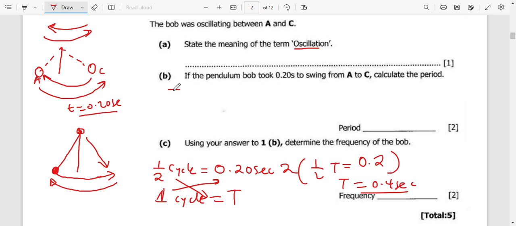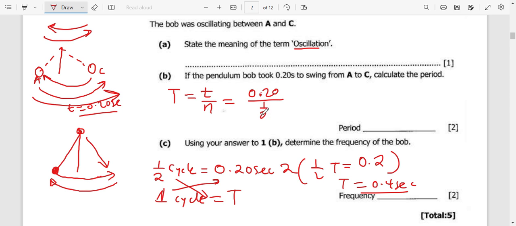You can as well say period is given by the time moved divided by the number of oscillations. The time taken for the bulb to move is 0.20. How many oscillations did it take? It just moved from the point A to the point C, and that is half oscillation.